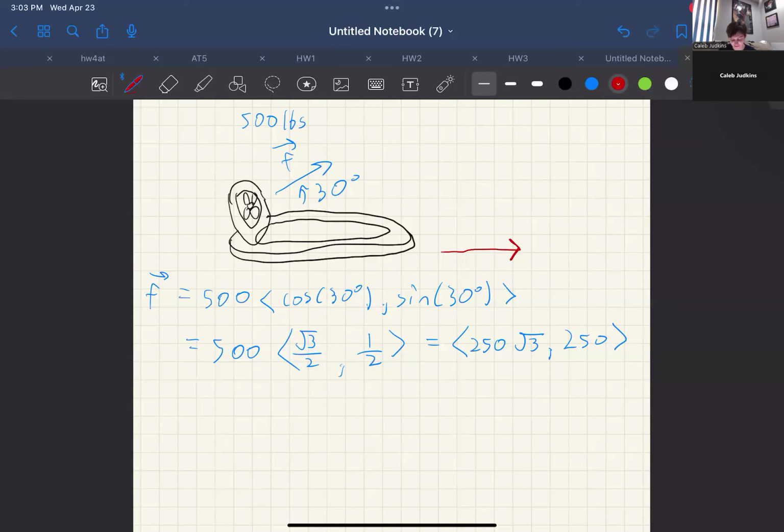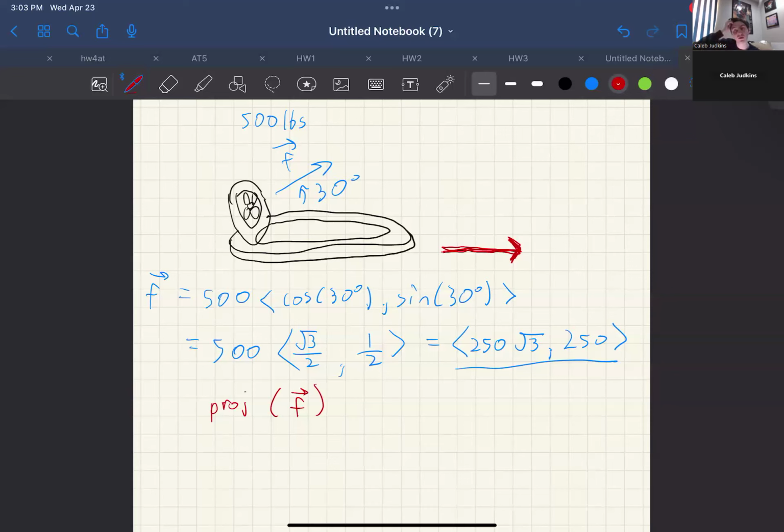So, looking at this, this is the vector that represents the fan and the force there. Now let's figure out how much movement it's giving us just horizontally. Well, this means that we do the projection of this vector F onto that which is purely horizontal.